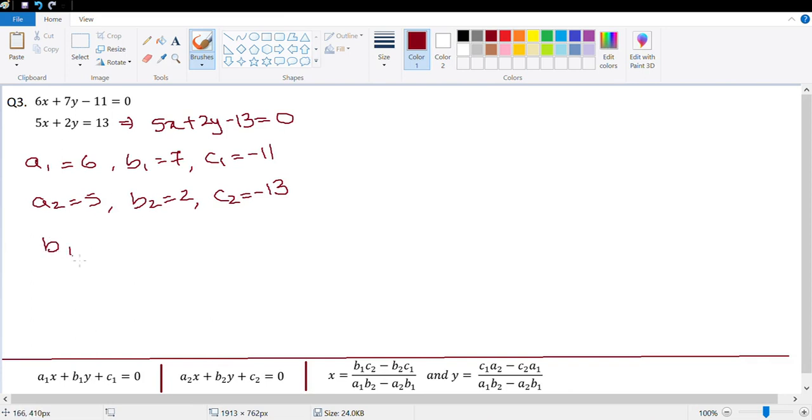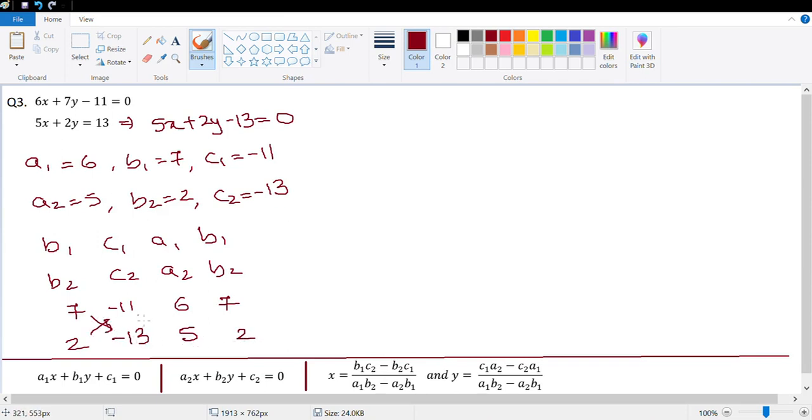Let's write it in the BCAB form. So when I write it in the BCAB form, this is what I get, right? So B is 7, C negative 11, A 6, B 7. For the second equation, 2, negative 13, 5, 2.